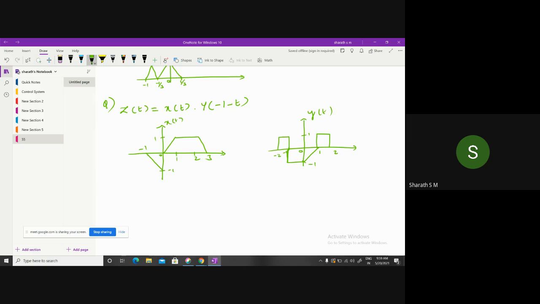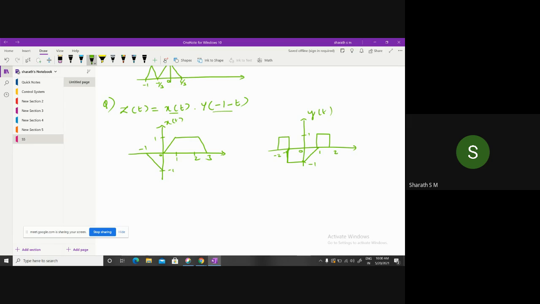This is y of t. Just we need to do the product of these two. So x of t into y of minus 1 minus t. Already we have x of t in the given question. Just we need to do the operation for y of minus 1 minus t and then do the multiplication with this.